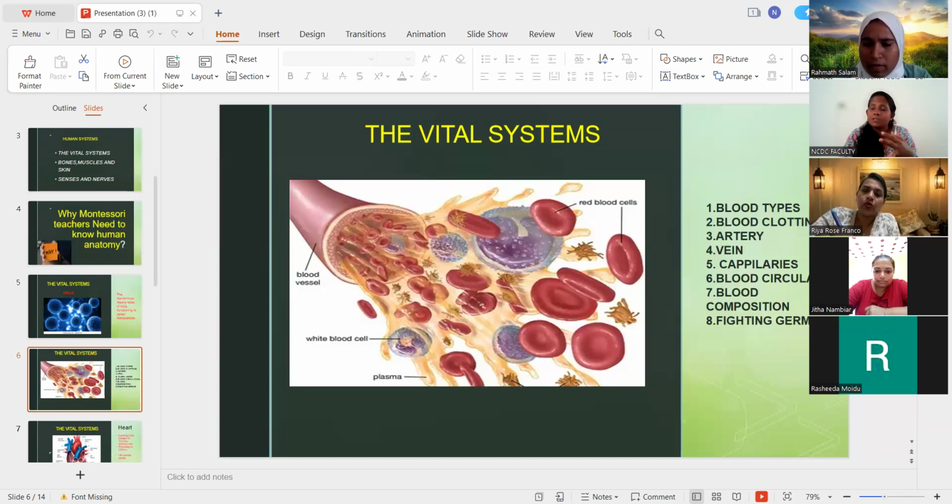And then CRP, C-reactive protein, which comes after ESR. Nowadays they check a higher level of C-reactive protein to know the infection level. And WBC, I have said, and hemoglobin level. These are some blood compositions which are very important for kids.